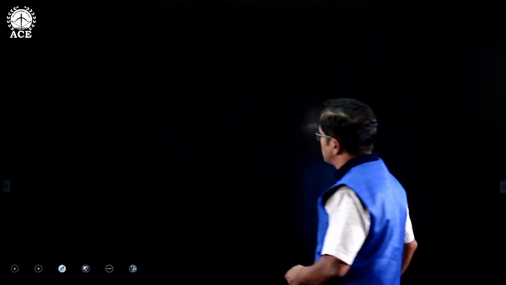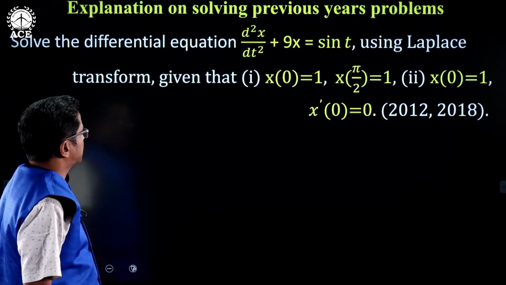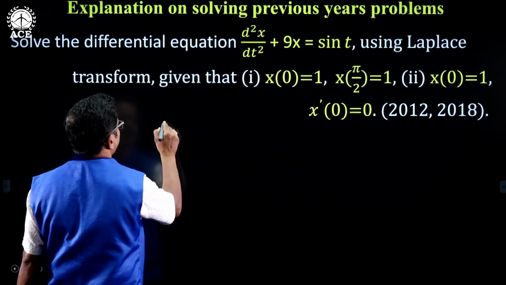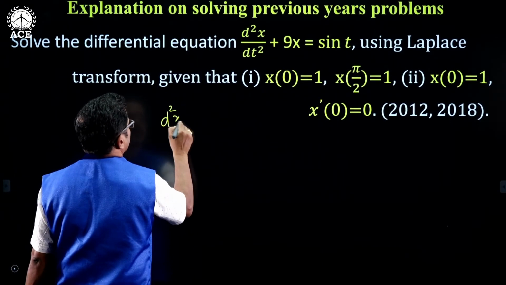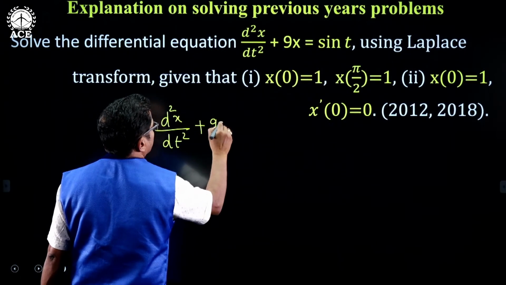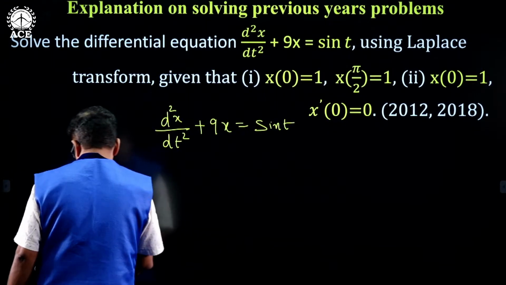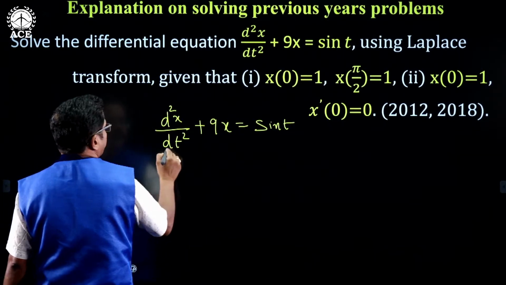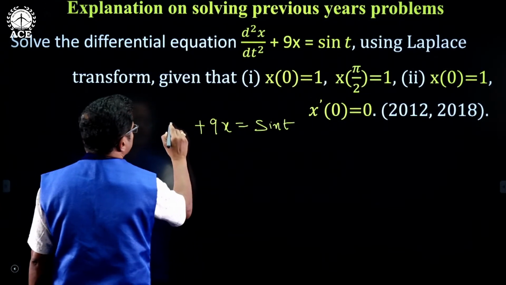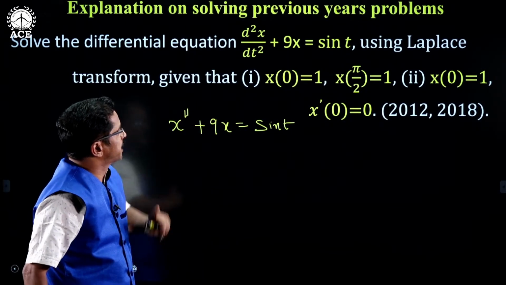Okay. Next, a very important one: d square x by dt square plus 9x is equal to sin t. Here I am writing d square x by dt square as x double dash, so x double dash plus 9x is equal to sin t.